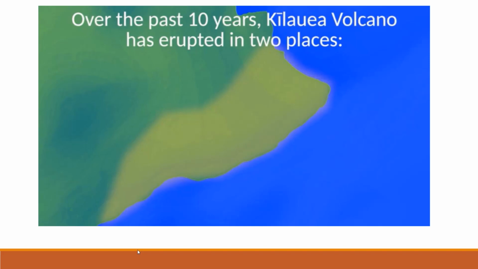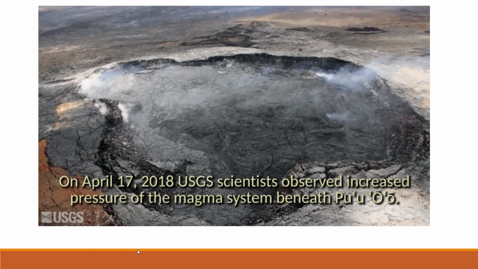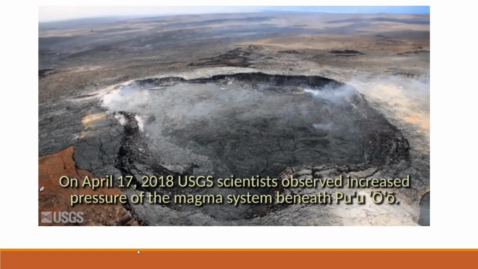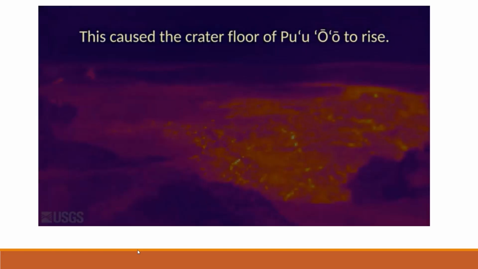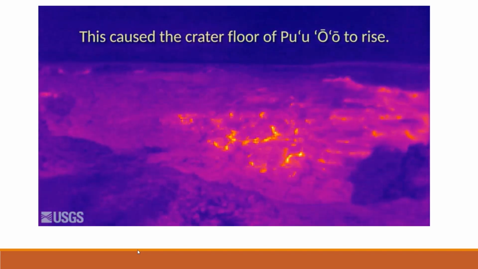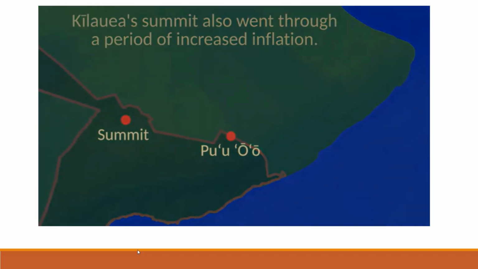Over the past 10 years, Kilauea volcano has erupted in two places, the summit and Pu'u'o'o. On April 17, 2018, USGS scientists observed increased pressure of the magma system beneath Pu'u'o'o. This caused the crater floor of Pu'u'o'o to rise. Kilauea's summit also went through a period of increased inflation.